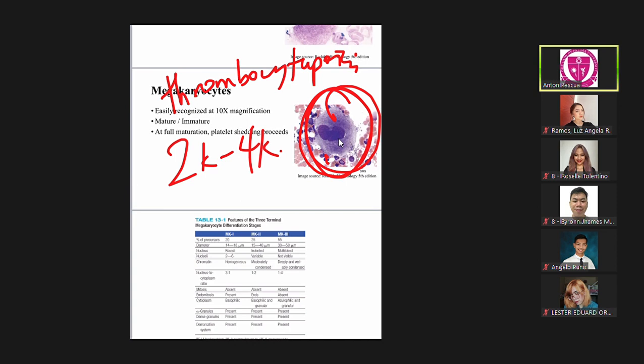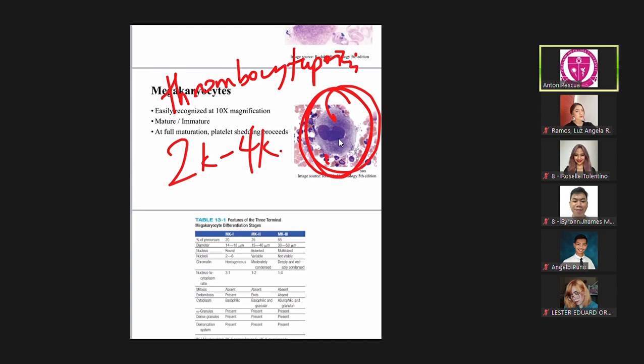Let's say you had a severe injury, so possibly your spleen may then shed out or release out your platelets. Kasi remember, hopefully you have attended the orientation, we cannot afford to have too much of your platelets in your blood kasi it poses risk for thrombosis.